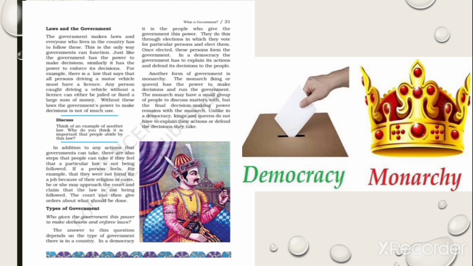In addition to this, if any person belonging to a particular religion feels that he is not able to get a job because he or she belongs to a particular religion or a caste, he or she may approach the court and claim that the law is not being followed, because according to our constitution nobody should be discriminated against on the basis of religion.